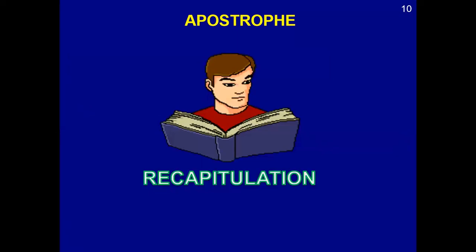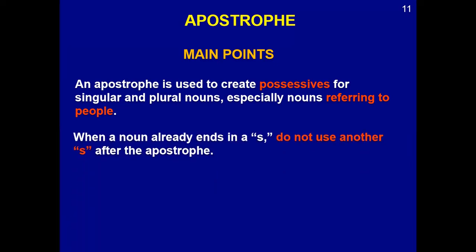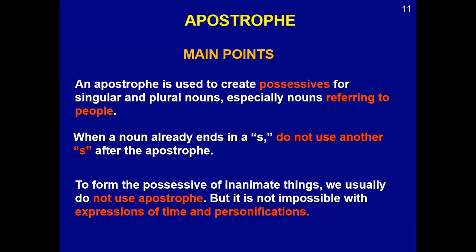Now let's recapitulate. An apostrophe is used to create possessives for singular and plural nouns, especially nouns referring to people. The next pointer: when a noun already ends in S, do not use another S after the apostrophe.